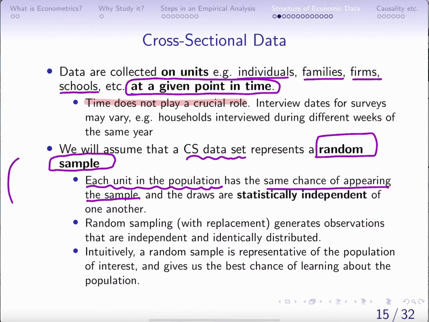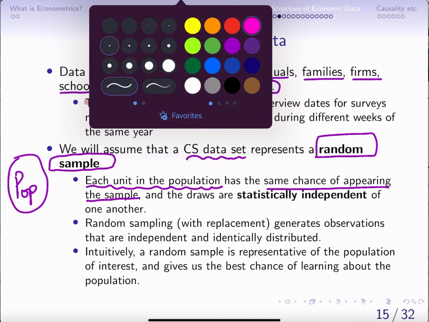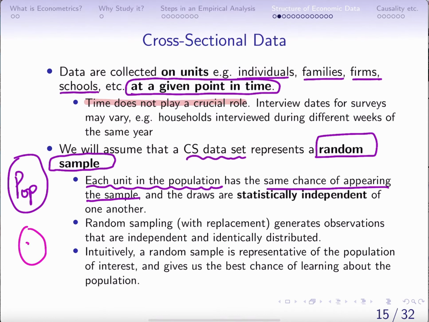So you have a big population, and we are trying to get a sample, and then that sample can tell us something about the population. So the idea is that all of these different units that we're talking about should have the same chance of appearing in the sample.